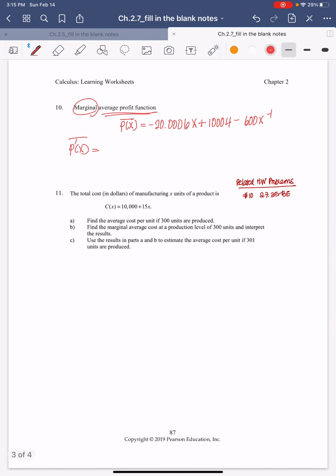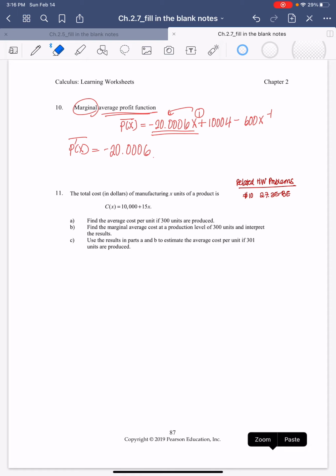Okay. So we have this first term, that's 1, bring down, negative 20.0006. The x to the 0 power disappears because it's 1. So the first term is just negative 20.0006.